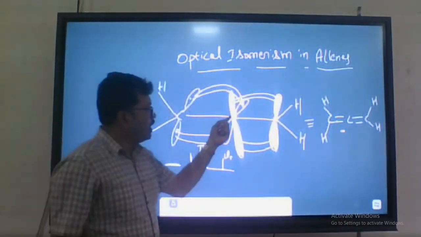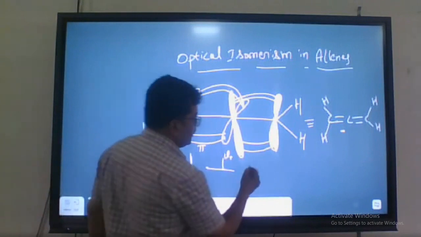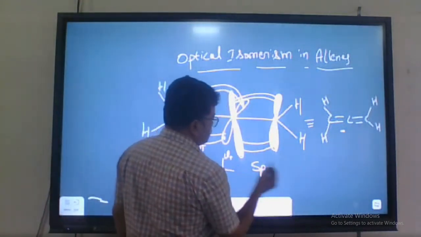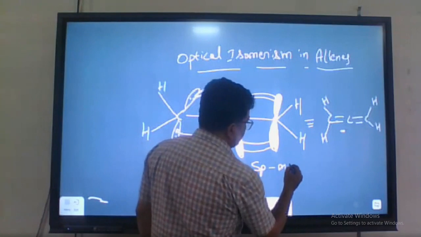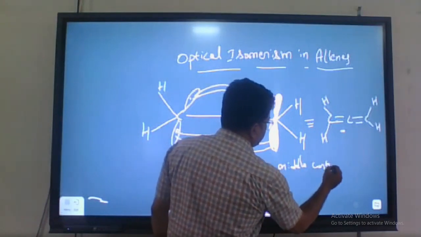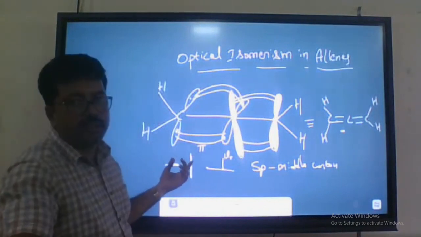What is the hybridization of the central carbon here? The central carbon hybridization is sp, the middle carbon. What about the outer carbons?